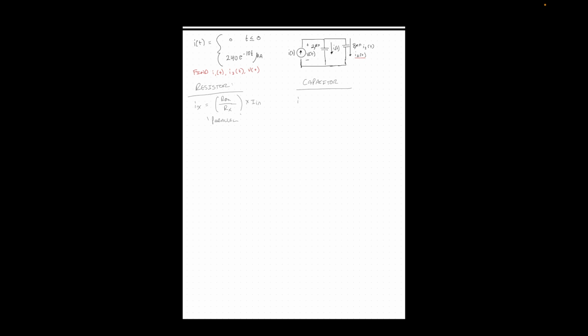I of x equals C of x divided by CEQ times I incoming. So the main difference between the two is that these two have been reversed.